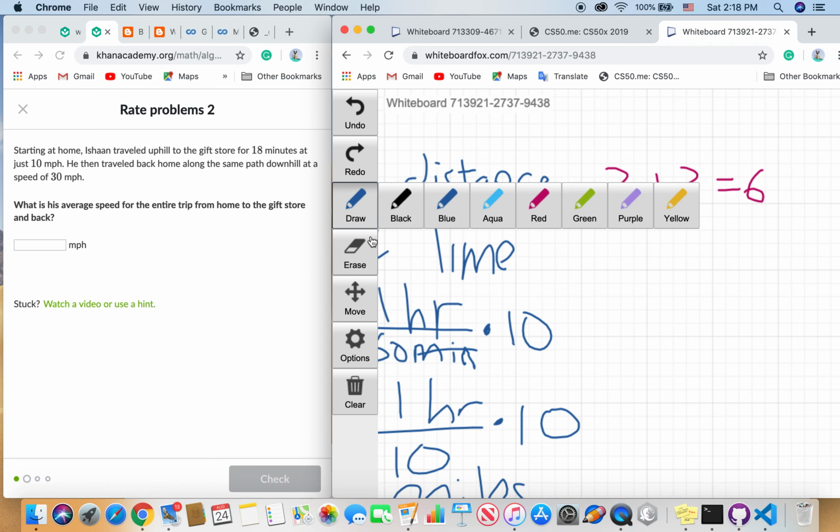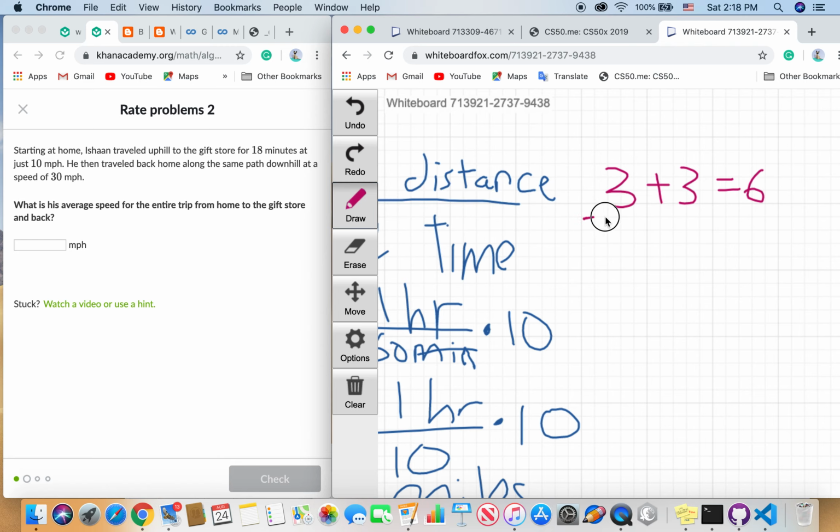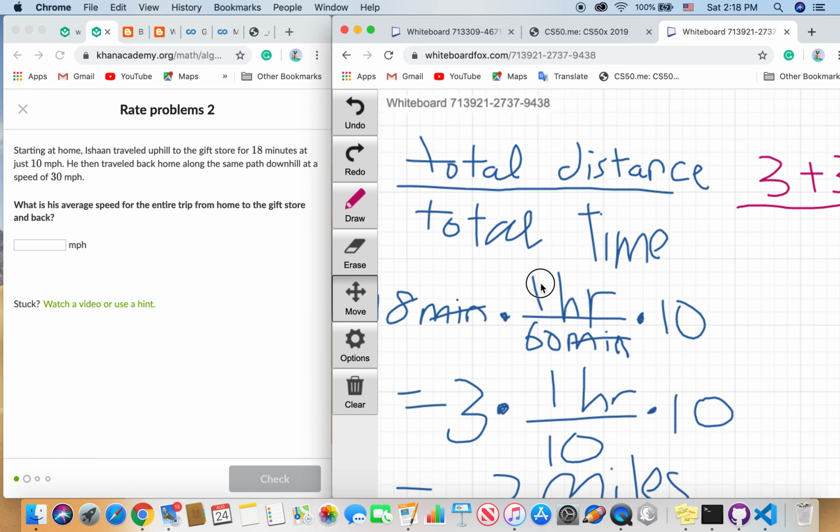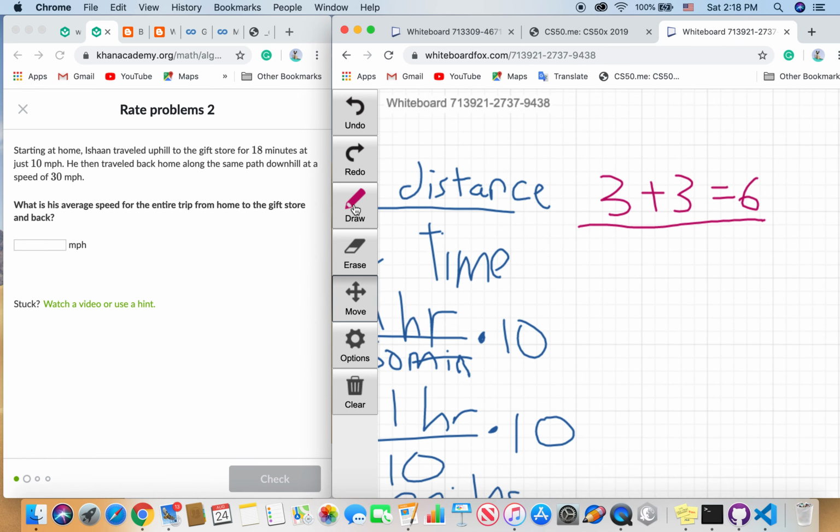So now we also have the first time, which is 18 minutes. How many hours is it? So 18 multiplied by 1 hour over 60 minutes.